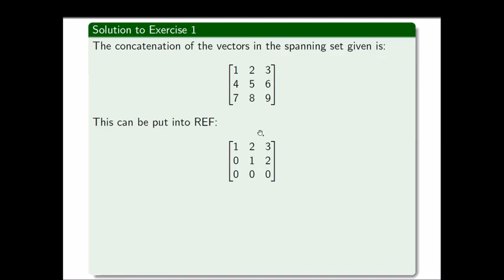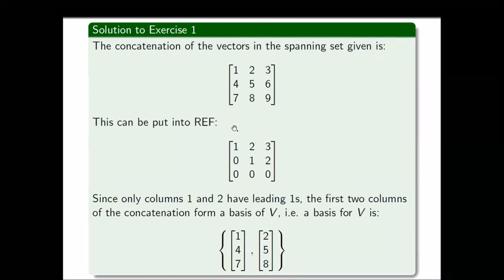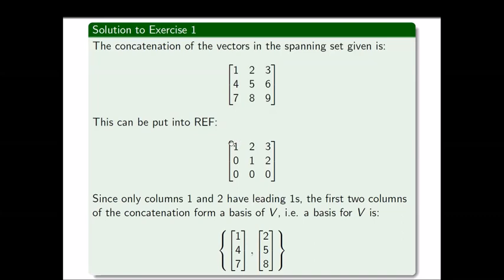So there are only two columns that have a leading one in it, the first two columns. So we take the vectors corresponding to the first two columns. The vector corresponding to the first column is (1, 4, 7) and corresponding to the second one is (2, 5, 8). So we just take those two vectors from the spanning set and this gives us our basis for subspace V.